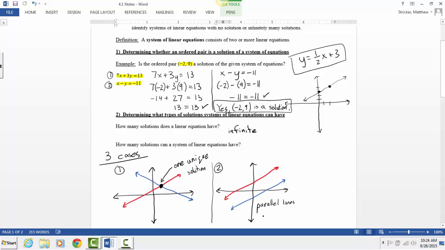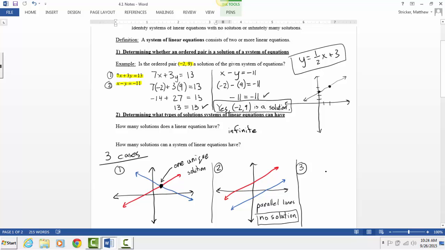We have no solution. Because are there any points that are common on those two lines? In other words, will they ever intersect? And visually, of course, we can see that the answer is no. Parallel lines never intersect, which means there's no common solution between the two lines.